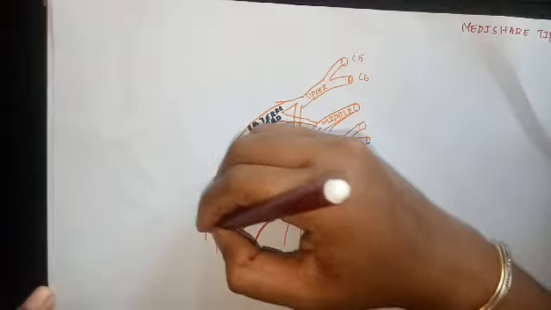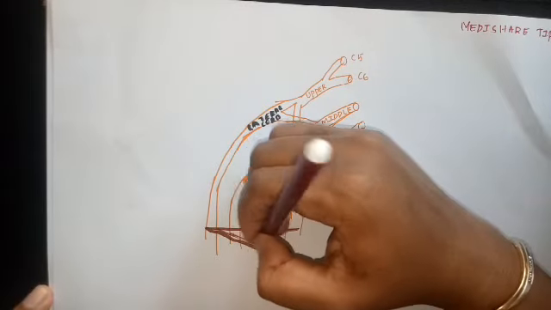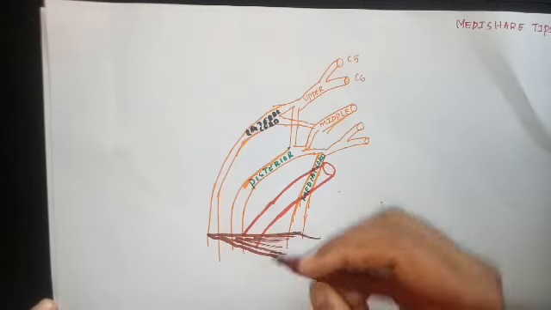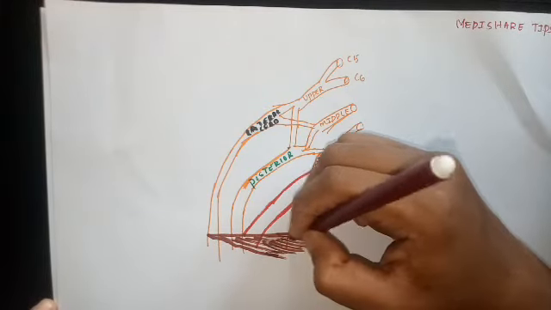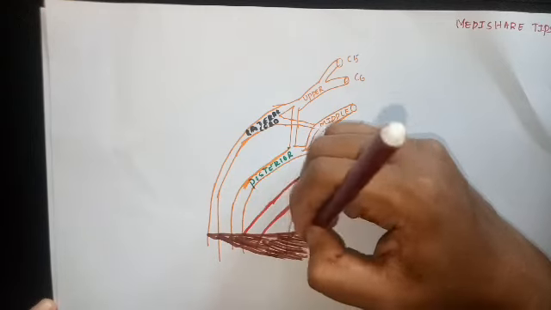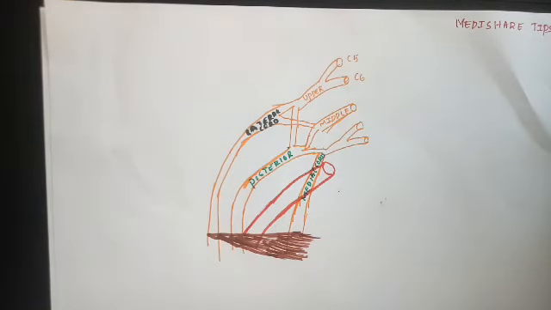And this is the pectoralis minor muscle. So the part which lies above the pectoralis minor muscle is the first part.